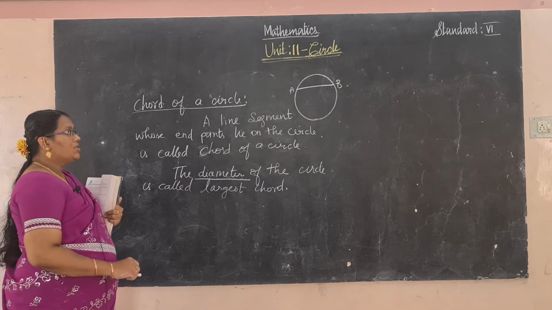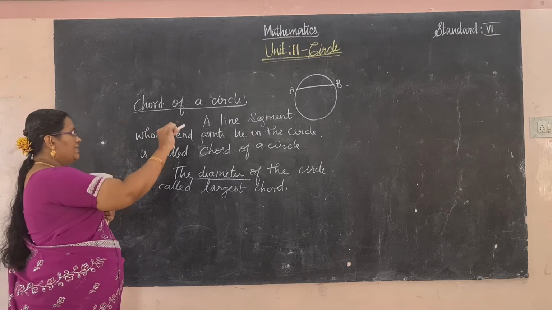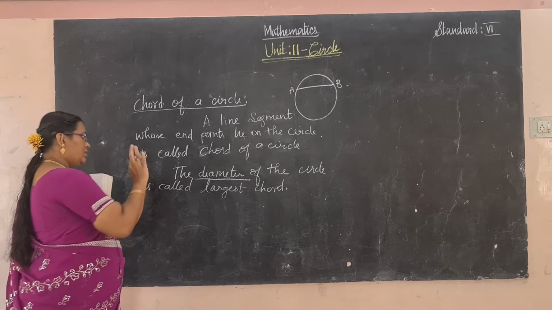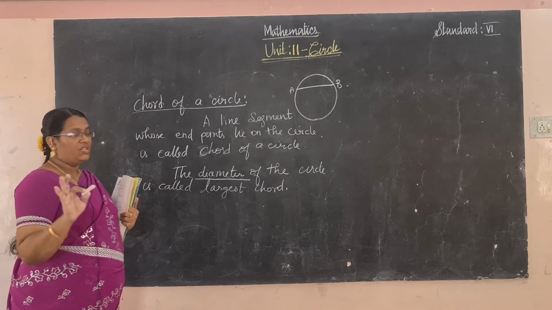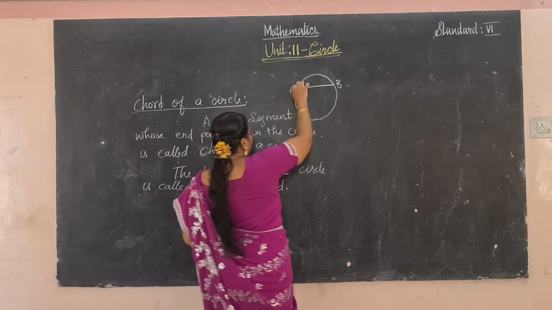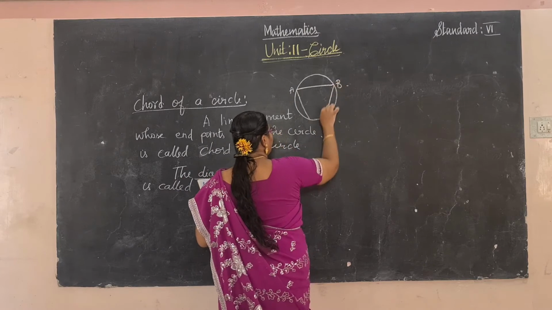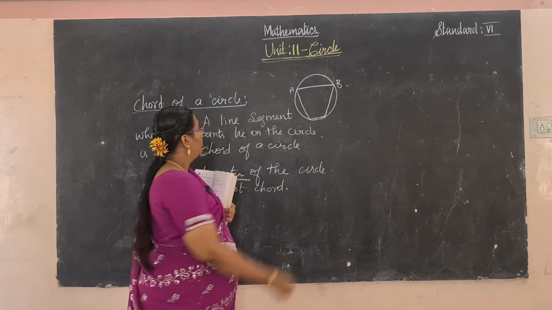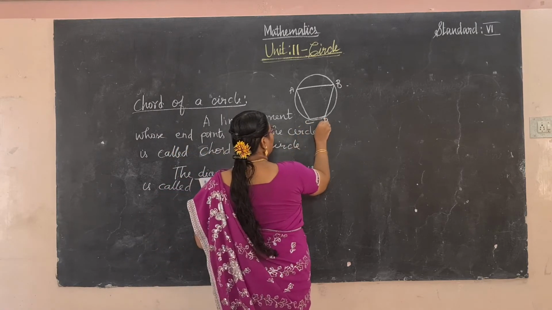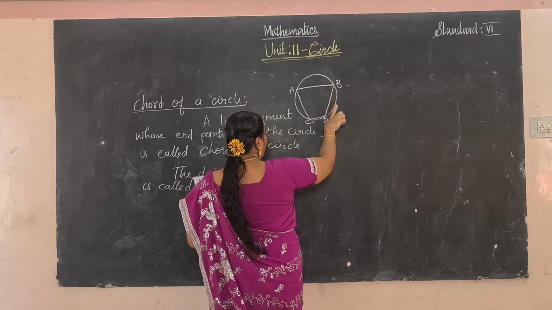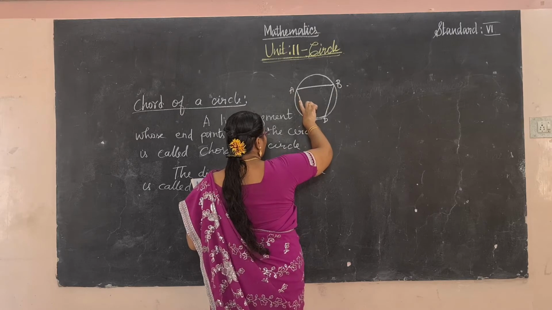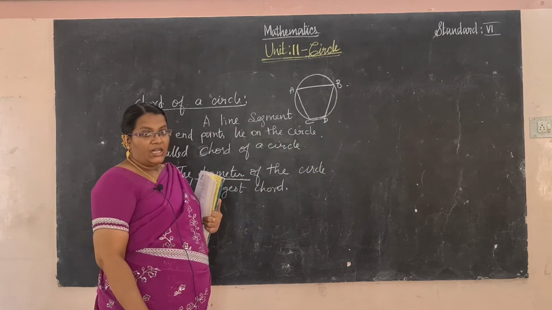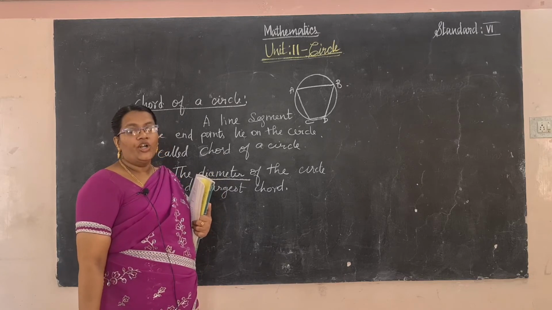So a chord of the circle means a line segment whose end points lie on the circle. It can be any line segment. BD is one of the line segments, AC is one, AB is one. All these line segments are called chords of the circle.